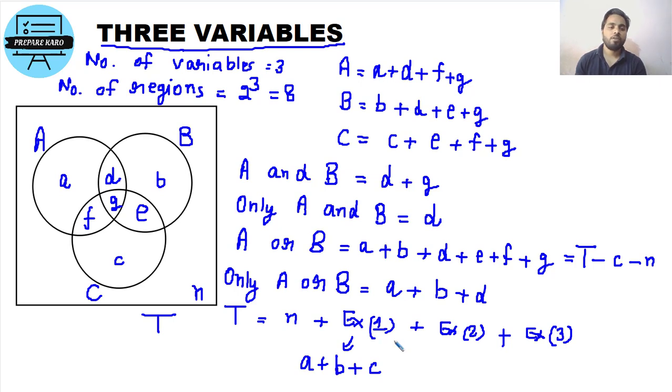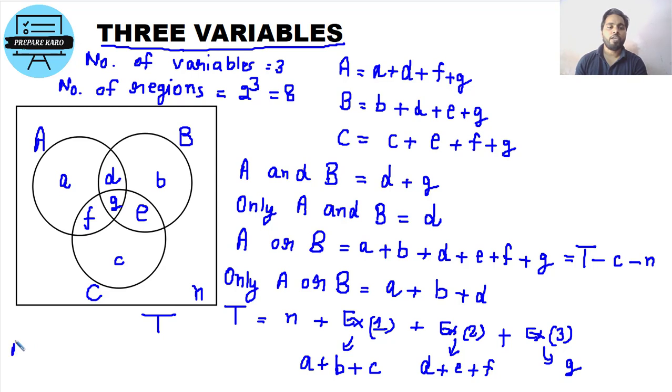Exactly 1 means only variable a plus only variable b plus only variable c. Exactly 2 means only variables a and b plus only variables b and c plus only variables a and c. So this will be d plus e plus f. Okay. And exactly 3, this is small g. None is n. All right.